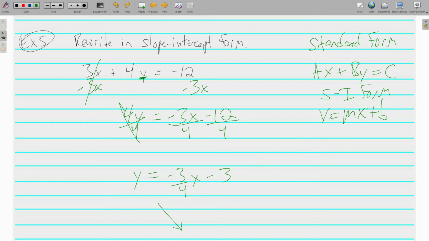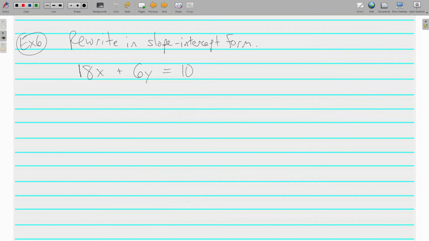And I think we have one more. Yeah, just another one where we start in standard form and our goal is to get into slope-intercept form. Get the y by itself. Get rid of those x's. Put them on the other side. What you do to one side, you must do to the other side.